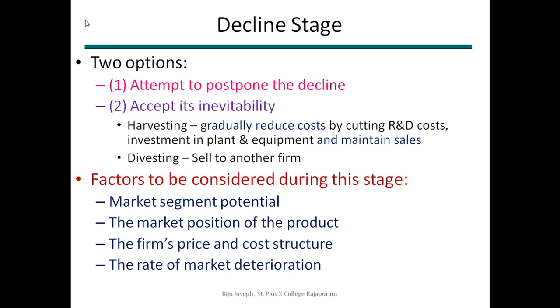The market position of the product. So whether there is demand for the product even during the decline stage. What is the market position? The firm's price and cost structure. Can you sufficiently manage the cost structure and fix a price accordingly?